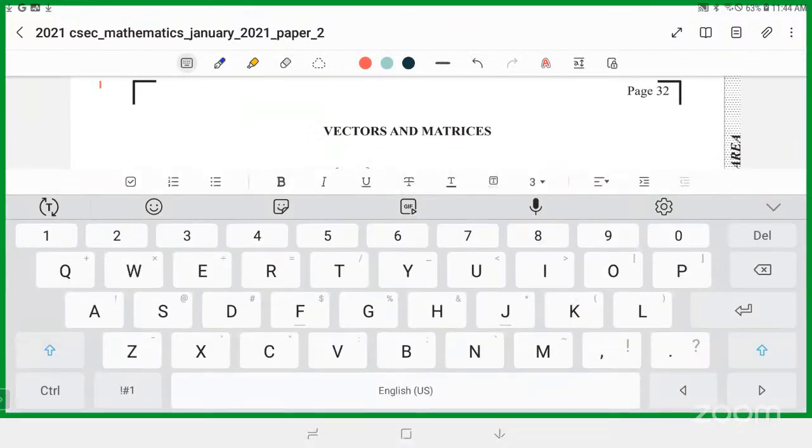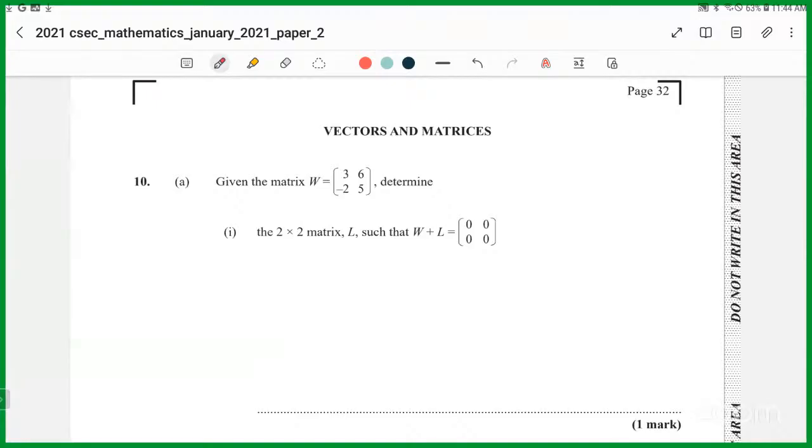This is 2021 January. This one gives us a matrix, and that's W. It says, determine the matrix L if W plus L equals the null matrix. This is a null matrix, the zero matrix.